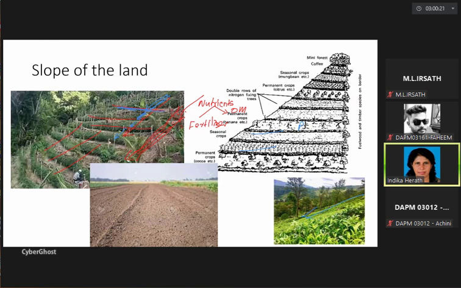But what about if we grow potatoes? Potato is a seasonal crop, and to harvest potatoes you need to disturb the soil. Let's suppose you have potato here, you have to keep on disturbing the soil to get the yield, so there will be expected enhancement of erosion.